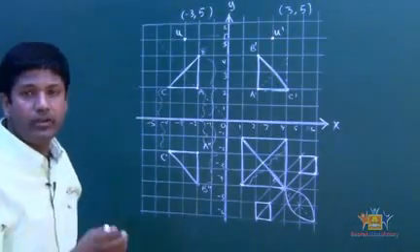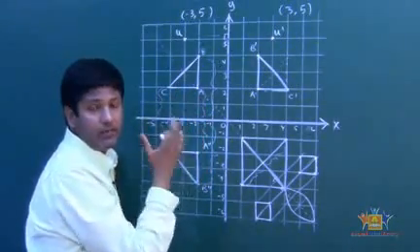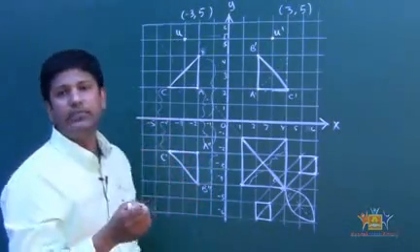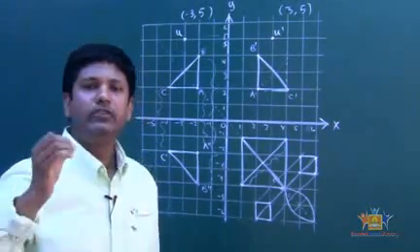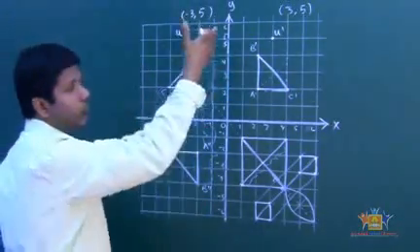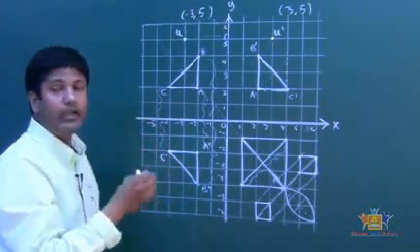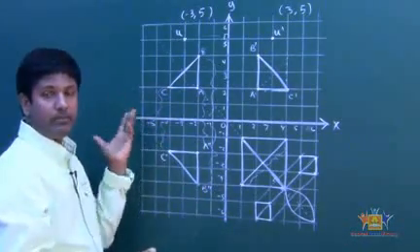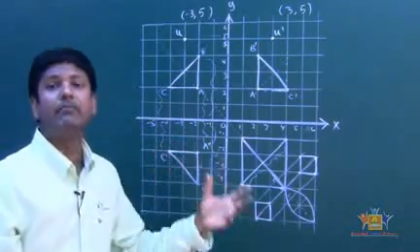So in other words, if I use the y-axis as my axis of reflection, the y coordinate remains the same, doesn't change, only the x changes. If it's a positive x, it'll become negative x. If it's a negative x, it becomes positive x.